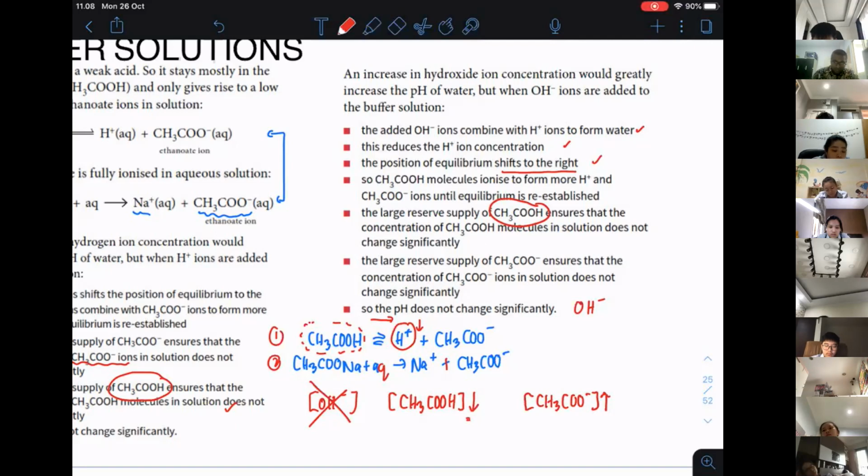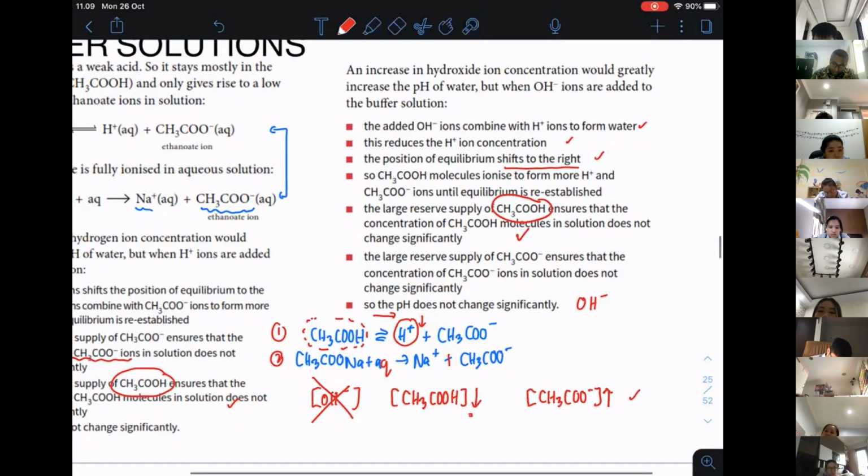That is similar to what we have done earlier. And then how do you compensate this one? The large supply that comes from equation number 2.